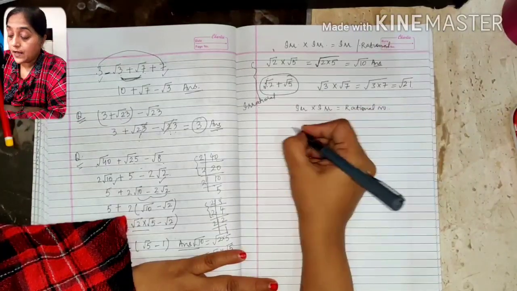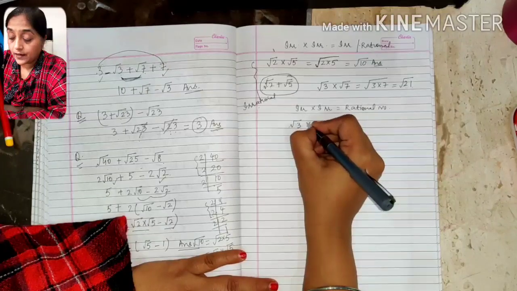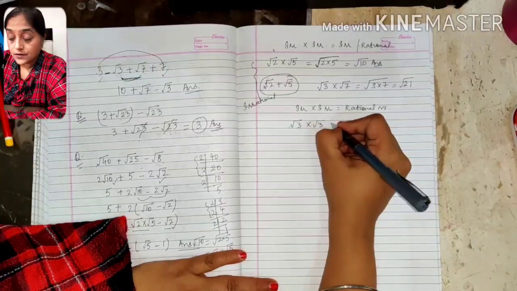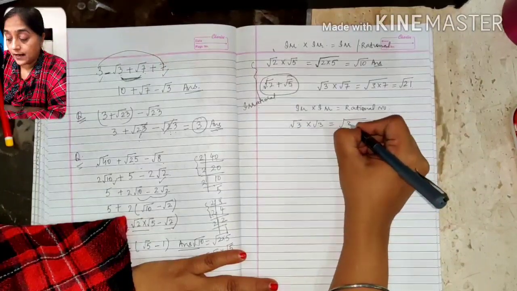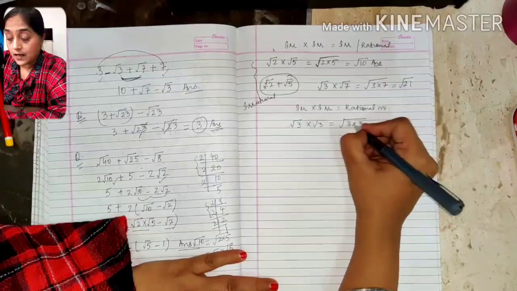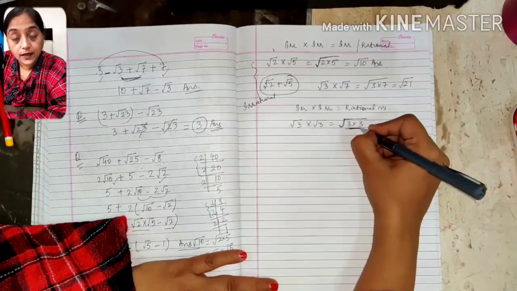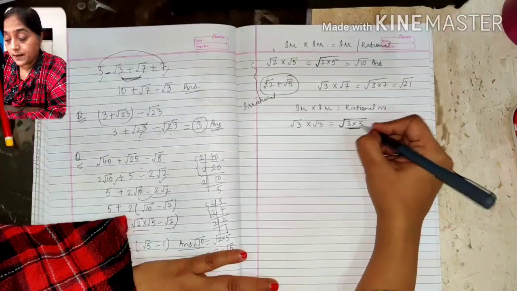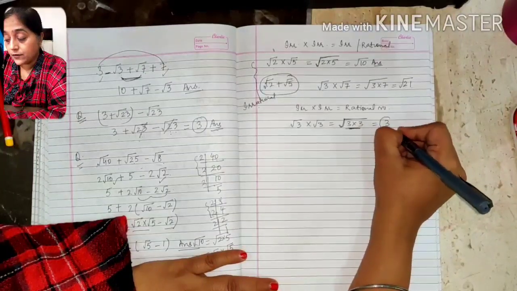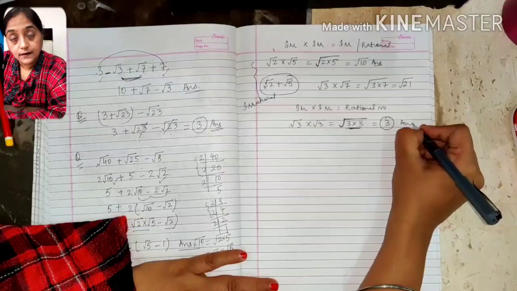See how? I have root 3 into root 3. So under the umbrella, I can have 3 into 3. Now under the square root umbrella I have the same number in a pair, so when it comes out of the pair, you will get one number, that is 3.